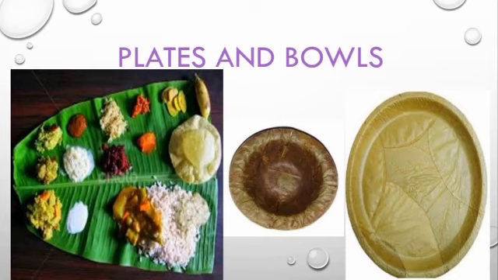Leaves of banyan and sal trees are used to make petals and donas to serve food. Petals are nothing but disposable plates and donas are disposable bowls.